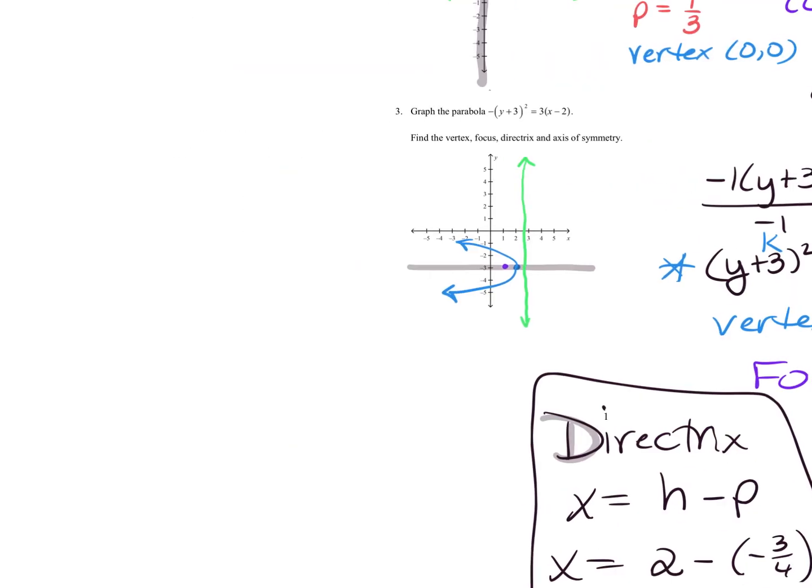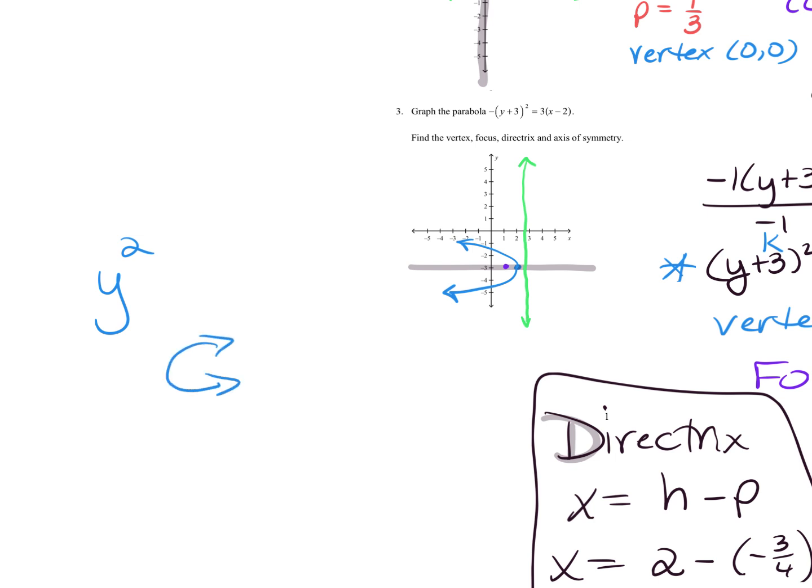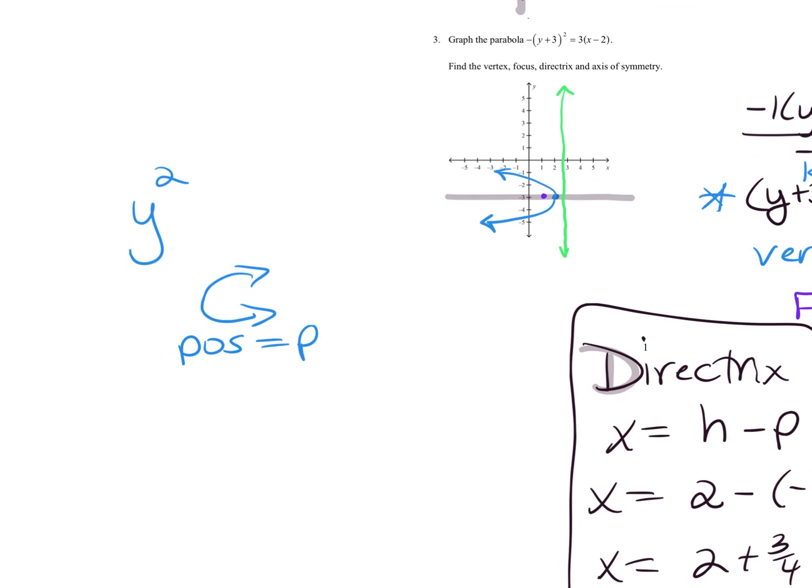Okay, so remember, to figure out which way your parabola is going to face, when it's the y squared equation, that's going to be the c if the number in front of the non-squared variable is positive. So basically your p-value positive. And then when it's y squared, if your p-value is negative, then it's the backwards c.